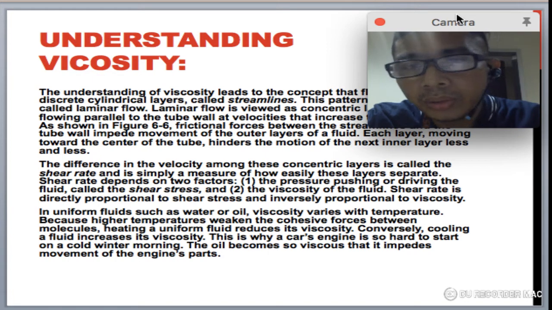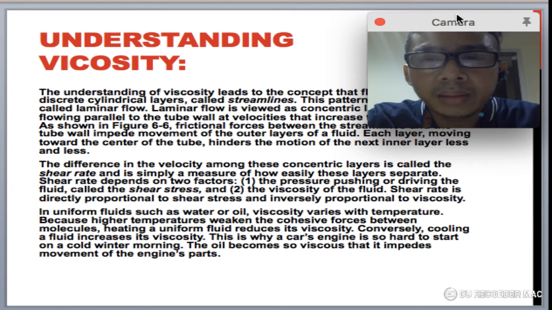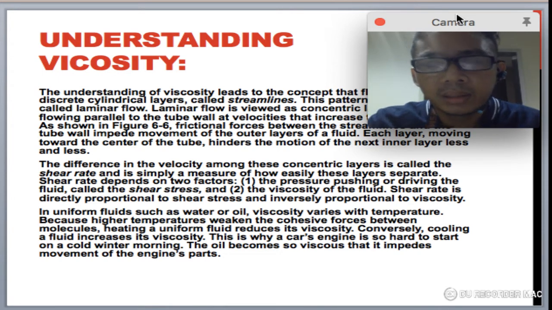So you need to warm up first, or you experience a hard start during winter on your automobile, no? When you're starting your car during cold weather, there is such a problem because this impedes the movement of engine parts due to viscosity.